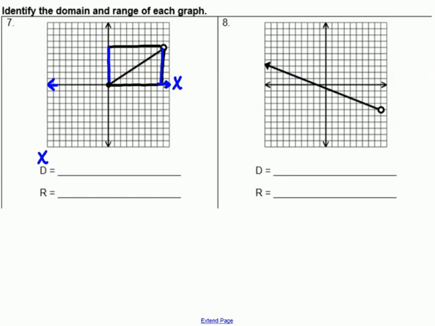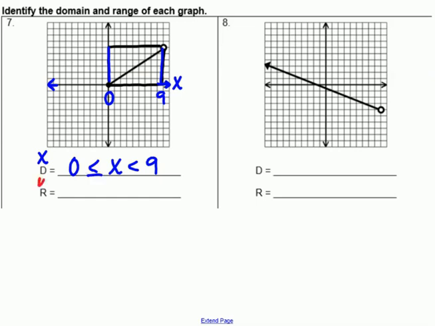The left side hits the x-axis or has an x value of 0. The right side has an x value of 9. So x is sandwiched in between 0 and 9. It's bigger than 0 but less than 9. And notice next to the 0 there's a filled in circle, so it's equal to 0.